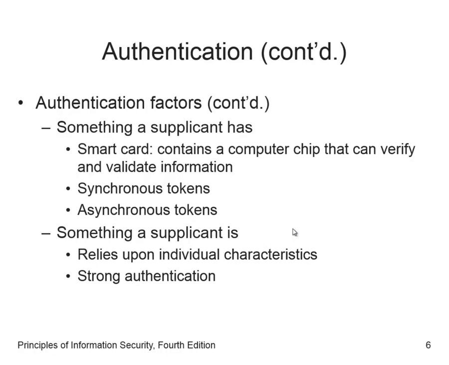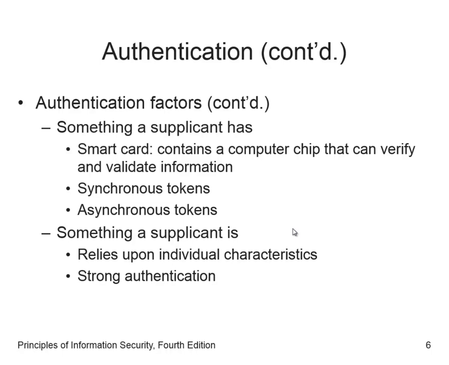A supplicant might have a smart card, which contains a computer chip that can verify and validate the information for the user. Otherwise, others could get access to files that they should not have access to. They could also have synchronous or synchronized tokens. The synchronous token is time synchronized to an authentication server for the purpose of creating a one-time password.